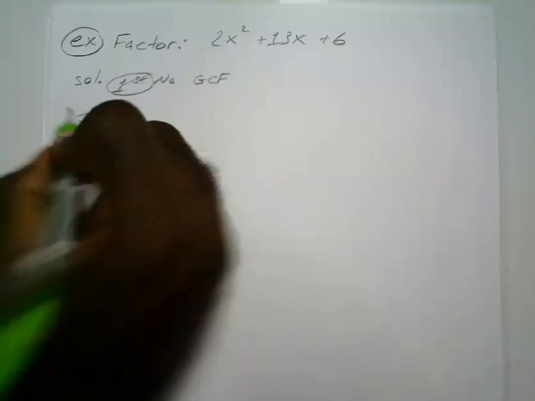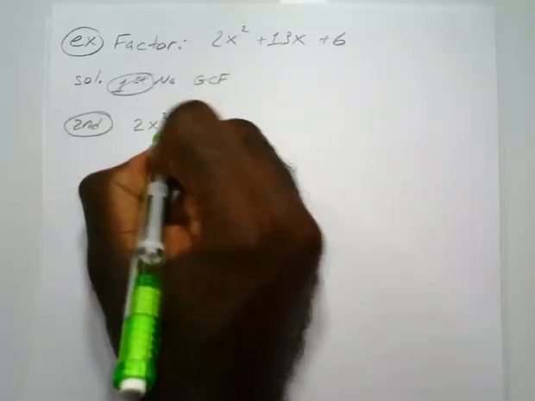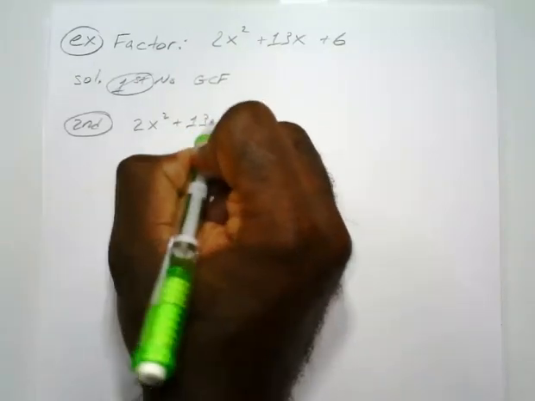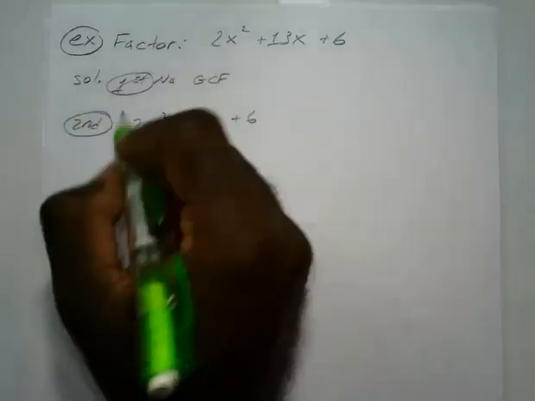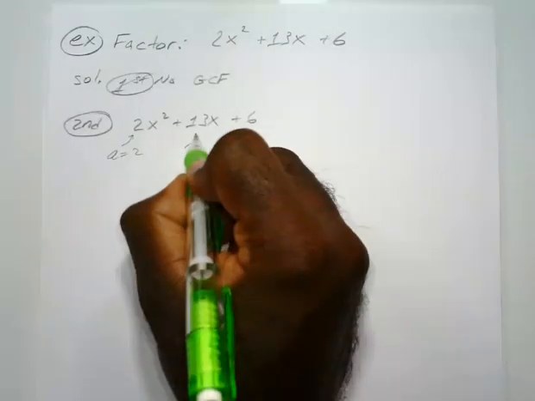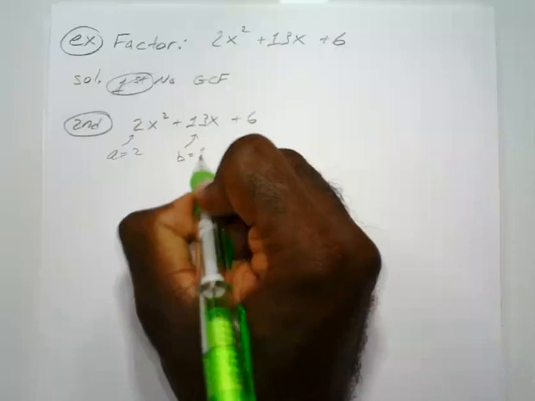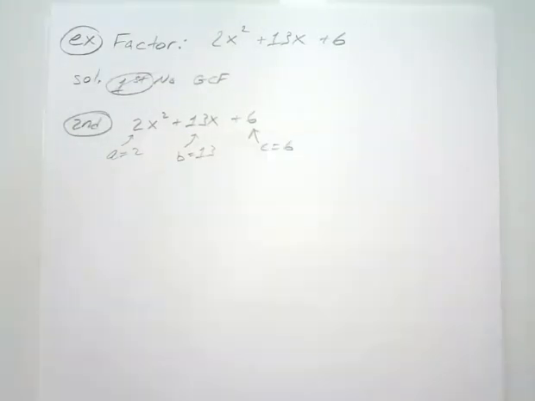Okay, so for your second step, just go ahead and rewrite it: 2x squared plus 13x plus 6. We see here our a is equal to 2, our b is equal to 13, and our c is equal to 6.